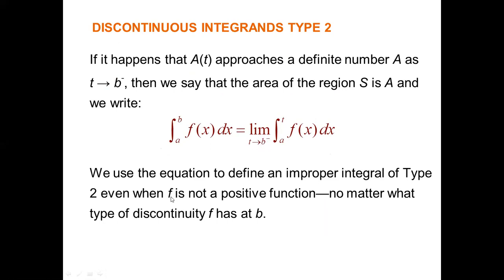So we use the equation to define an improper integral of type 2 even if f is not a positive function, no matter what type of discontinuity f has at b. So let me just continue.